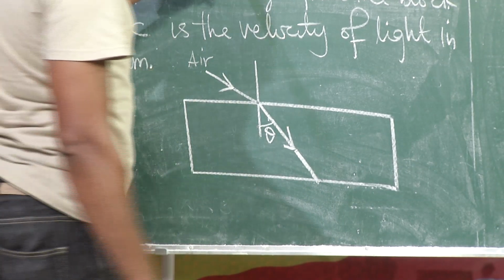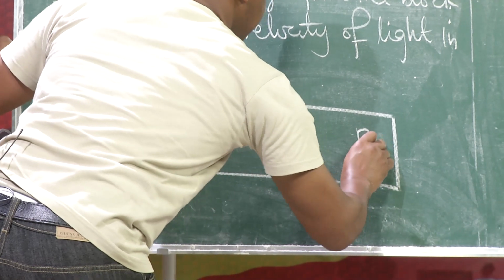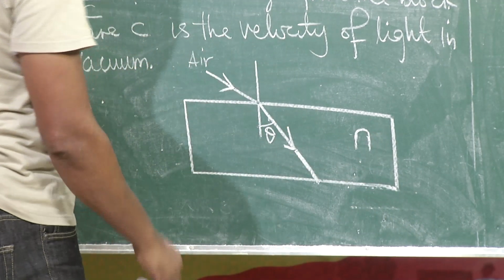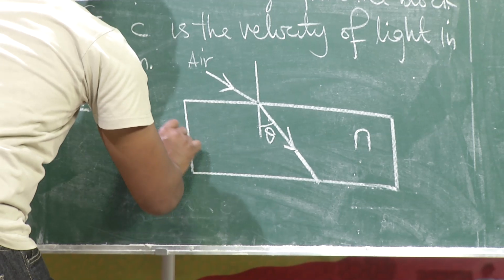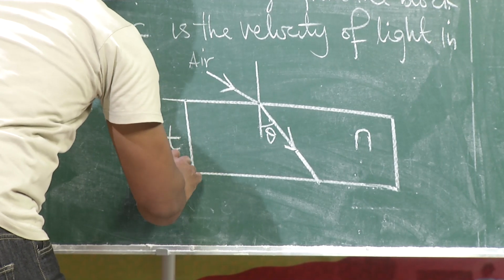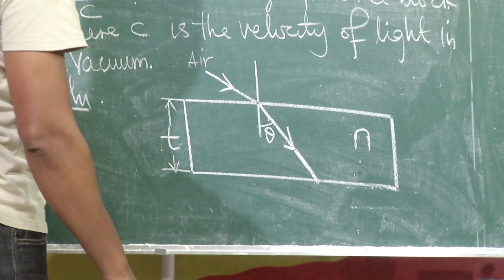They have told us that the refractive index of the block is n. We can put it in here. And they have told us that the block has thickness t, which is ideally that. That is our thickness of the block.